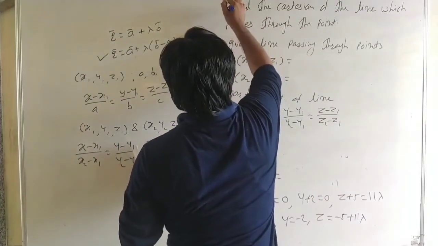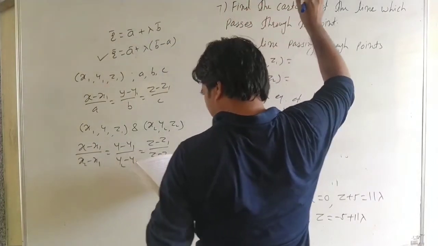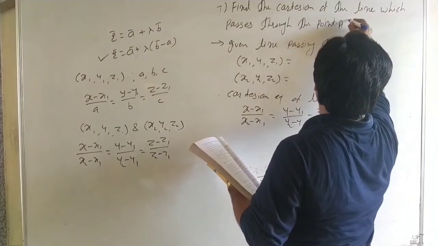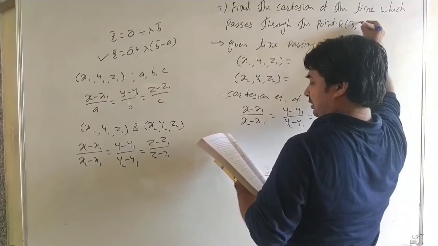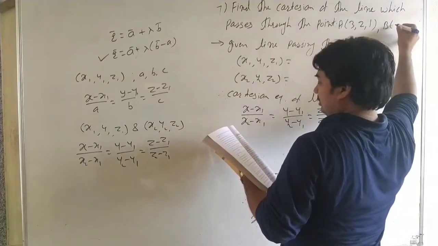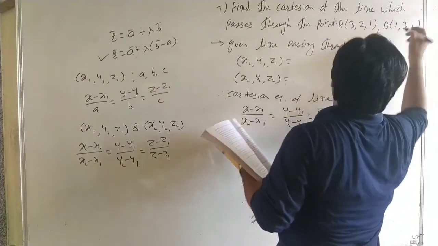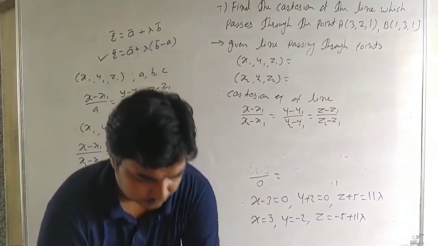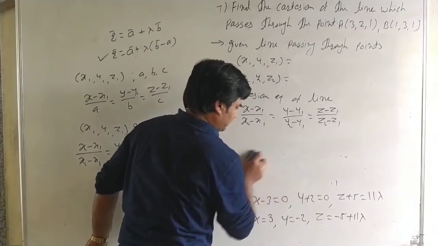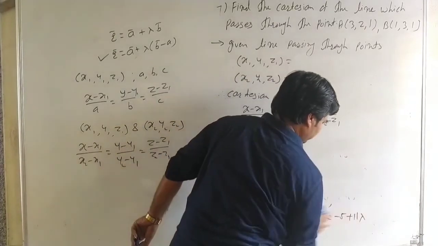Seventh example: find the equation of line passing through points A(3, 2, 1) and B(1, 3, 1). Now here we find the equation of line. It is also the same procedure.